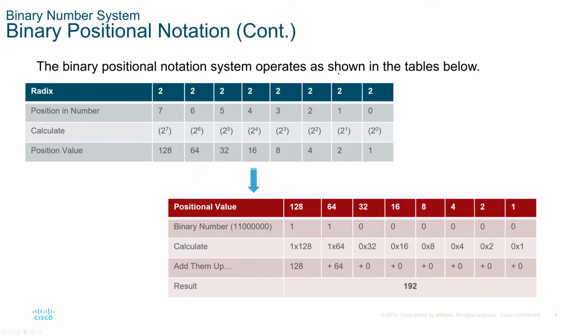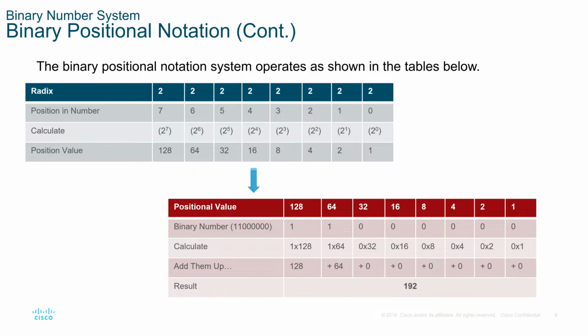Binary, as shown in the previous slides, you have a positional value of 2 to the 0. In this case, we end at 2 to the 7th. It gives us 8 binary digits, which is the most common in IPv4 addresses.